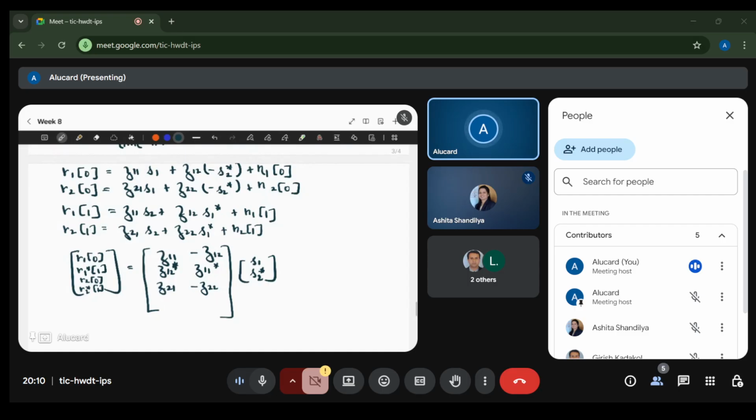And R21 conjugate is Z21 conjugate S2 conjugate plus Z22 conjugate S1, and the noise is N10. Second one we wrote the conjugate form, N11 conjugate, N20, N21 conjugate.